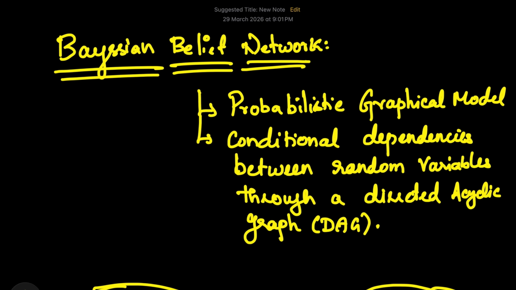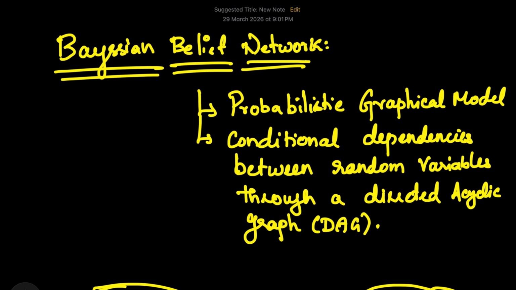We believe that they are dependent on each other in one way or another. That's the assumption made in Bayesian belief networks. But in the Naive Bayes algorithm, we consider each and every feature as independent, which means all the features have equal probability for the occurrence of the particular event. So that is the basic difference between Naive Bayes and Bayesian belief network.